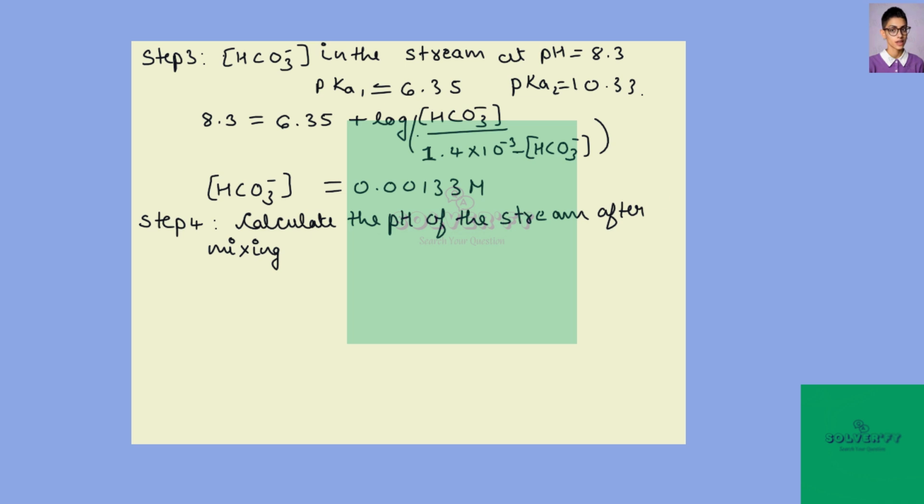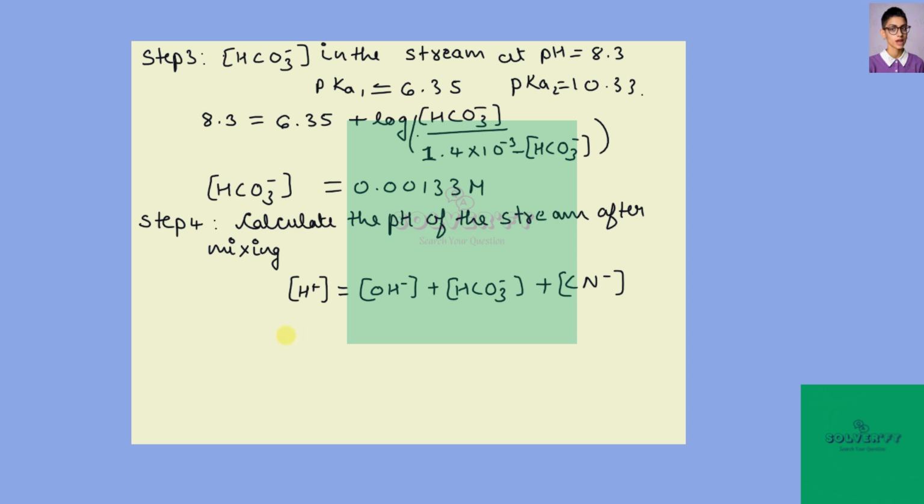Now we'll calculate the pH of the stream after the mixing. So we can use the charge balance equation, where the concentration of the H plus ion is equal to the OH negative ions plus the concentration of HCO3 negative ions plus the CN negative ions.